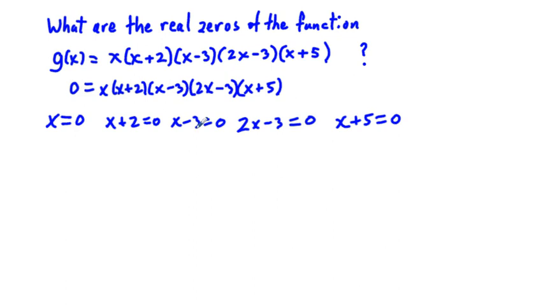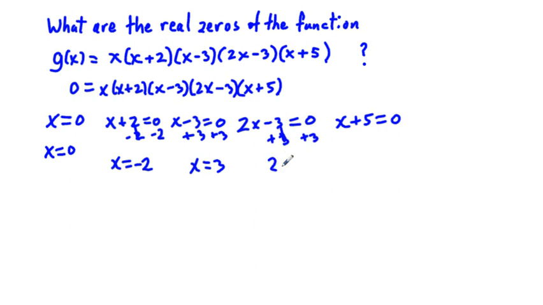And if we solve all these, we have x is equal to 0. That's one of our zeros. If we subtract 2 here, we have x is equal to -2. That is a zero. If we add 3 to this one, we have x is equal to 3. And this one here, if we add 3, we get 2x equals 3, and divide by 2, we get x is equal to 3 over 2.